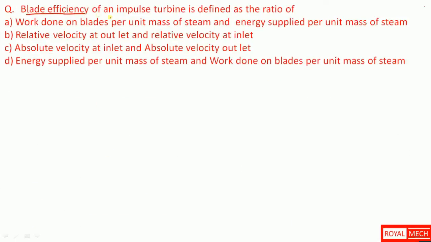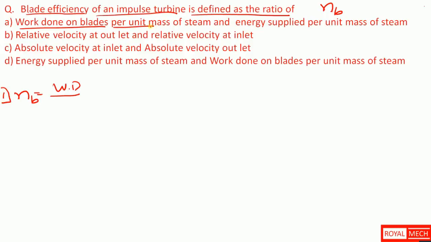Blade efficiency of an impulse turbine is defined as the ratio of, so they are asking for blade efficiency, nu B. The given options: first option is work done on blades per unit mass of steam and energy supplied per unit mass of steam, work done upon energy supplied.